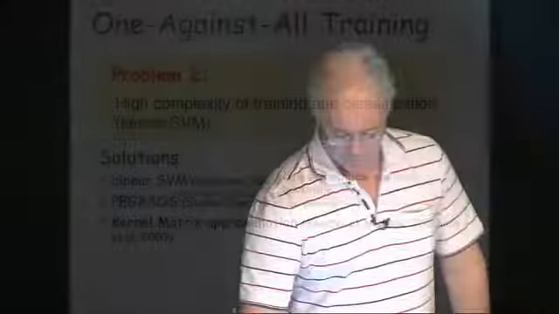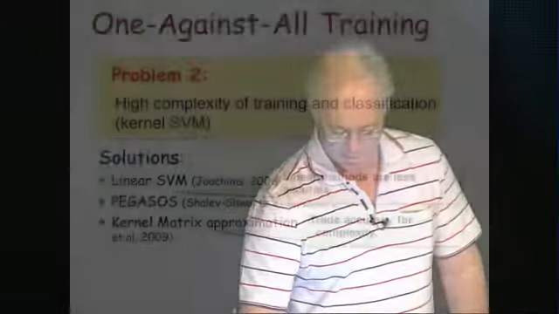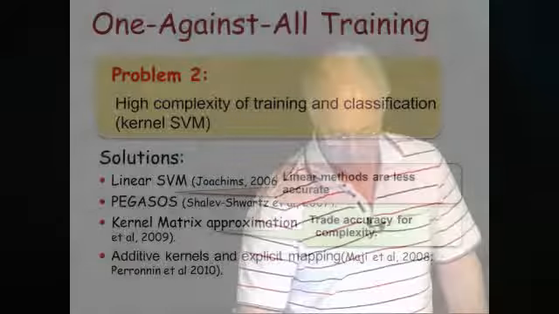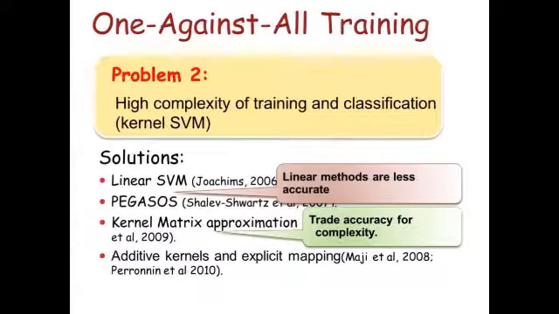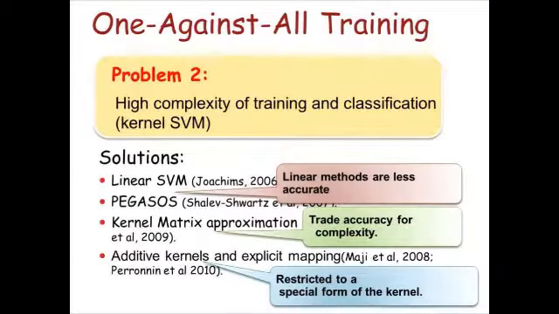So you have the linear methods, you have the kernel approximations, which trade accuracy for complexity, and you have all kinds of kernels, which are not the most general, but can still do a good job in certain cases. But the kernel has to satisfy some constraints in order for you to be able to apply these methods.